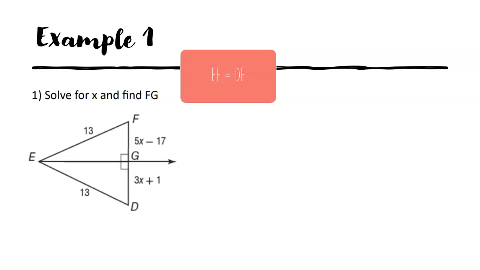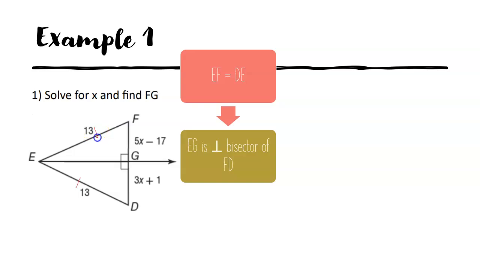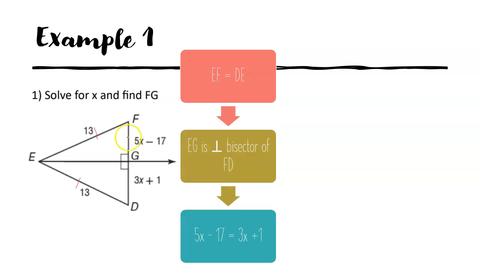Once I notice that, I know that EG is a perpendicular bisector of FD because E is the same distance away from F and D. And since I know it's a perpendicular bisector, I know that it has to cut the line segment into two equal parts, which means that I know that 5x minus 17 has to equal 3x plus 1.